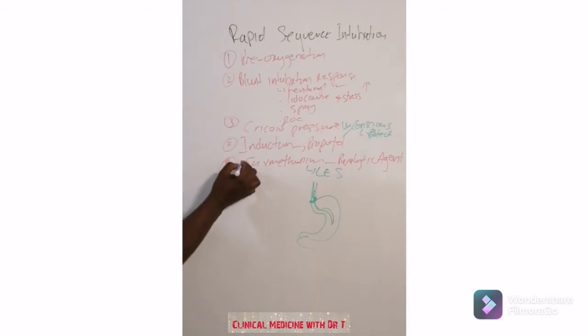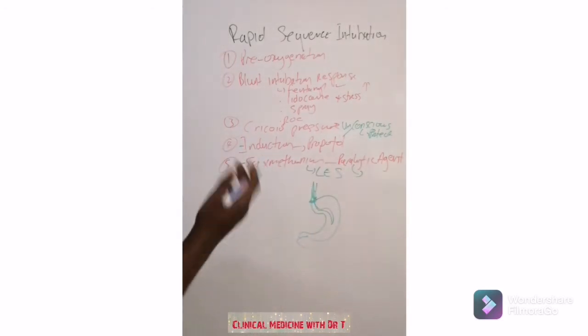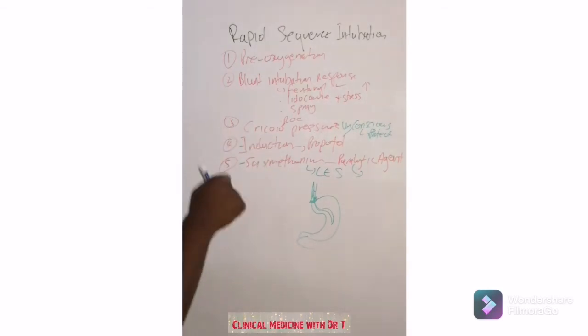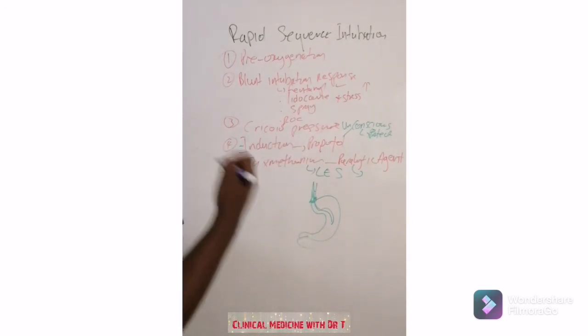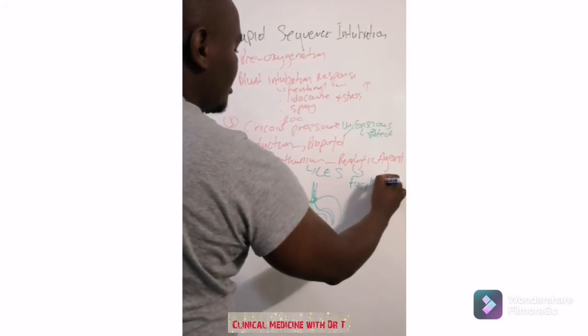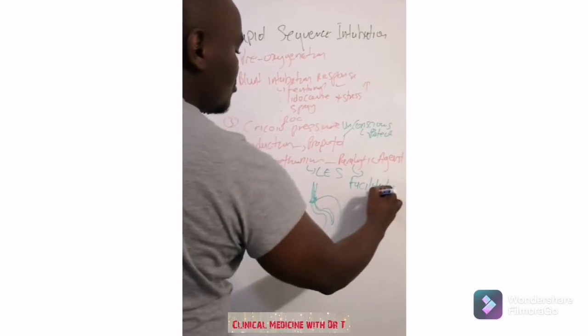The reason why you still need sux even though you have given an induction agent is that suxamethonium causes paralysis of the vocal cords. Causing paralysis of the vocal cords helps with intubation, so it facilitates intubation.